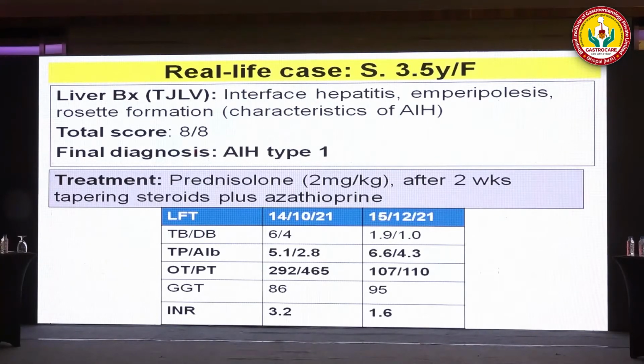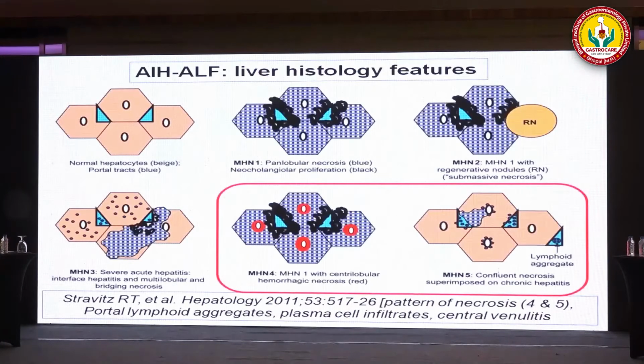She had dramatic response to our steroid therapy. The left hand side is before steroid and after steroid, INR improved to 1.6, albumin normalized, and SGPT has decreased. So this is important. This is the criteria for diagnosing autoimmune hepatitis when a patient presents with acute liver failure.